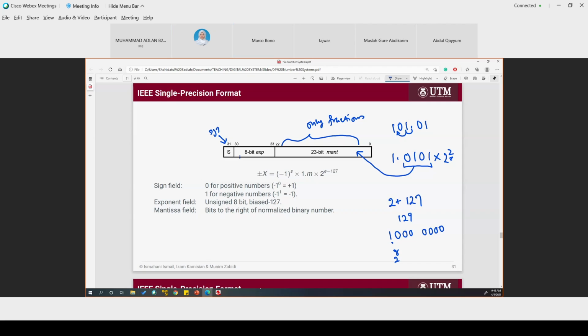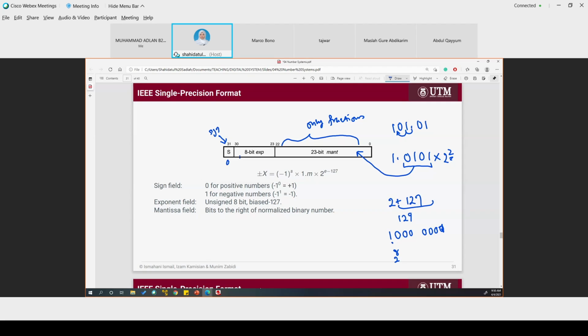So 129 is 10000001, here, 8-bit. We have to bias by 127, so this value adds 127. And then the mantissa part is written here. Here this is positive, so the sign bit is 0.